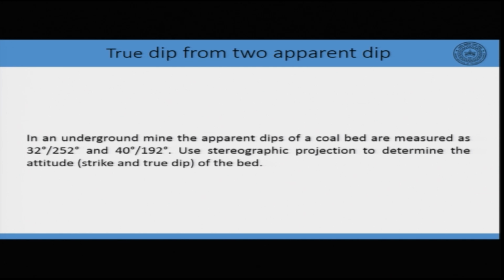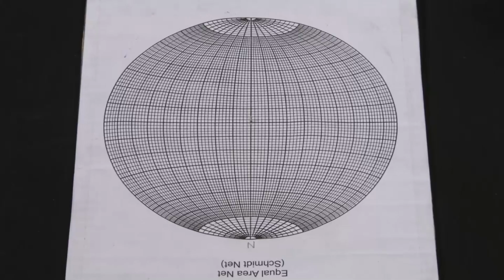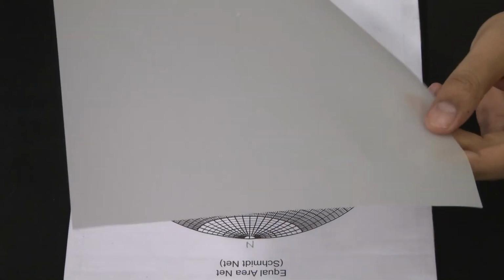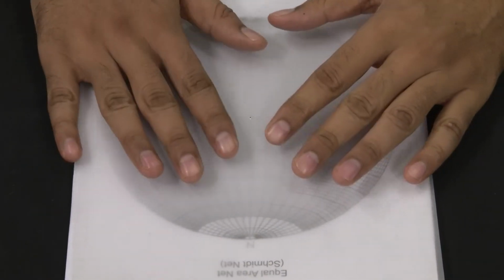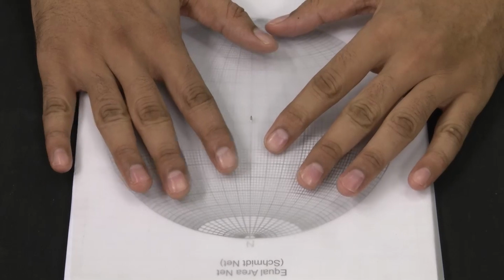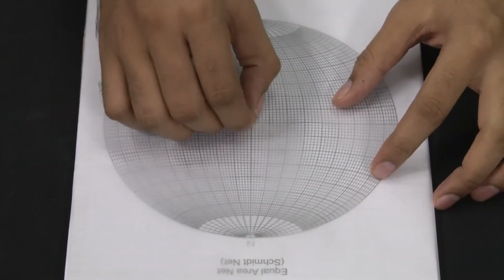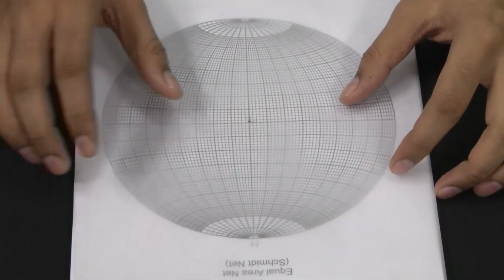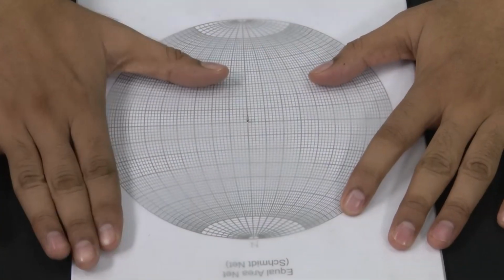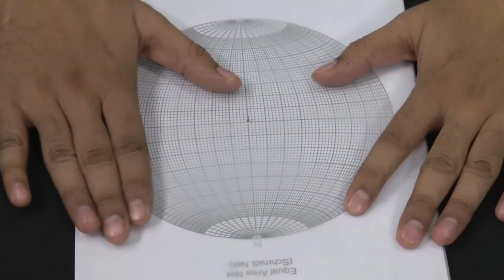We will solve this problem through the stereonet. We will take a tracing paper and place it on the stereonet. There is one pin, and through that we will adjust the tracing paper on the stereonet.